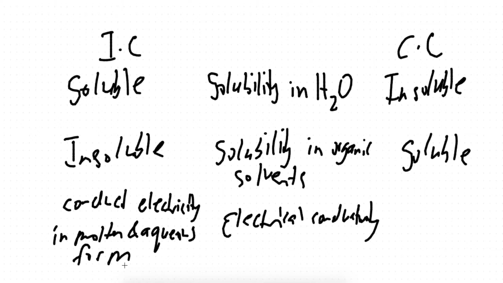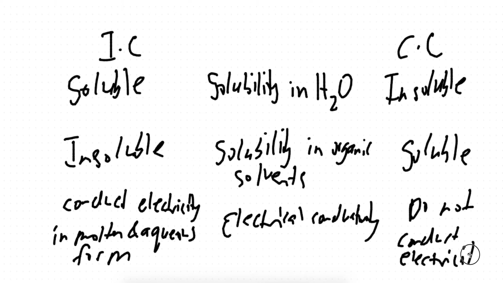This is everything about chapter 6, electrolysis. Covalent compounds do not conduct electricity. And you don't have to say anything about molten or aqueous because covalent compounds do not exist in molten or aqueous form. So that's about it guys.